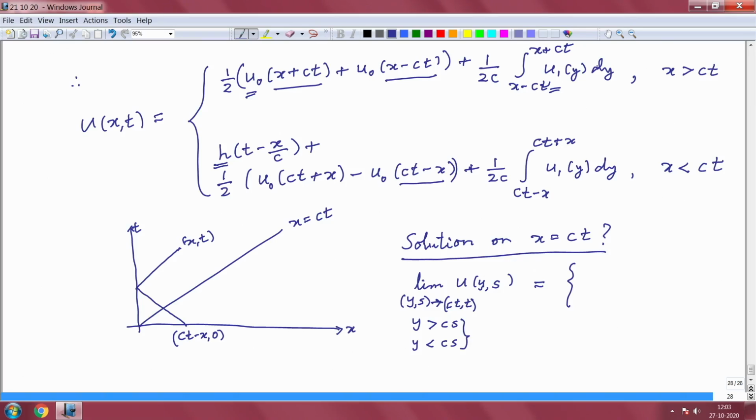So, when you approach (y,s) to (ct,t), this goes away, x is ct.